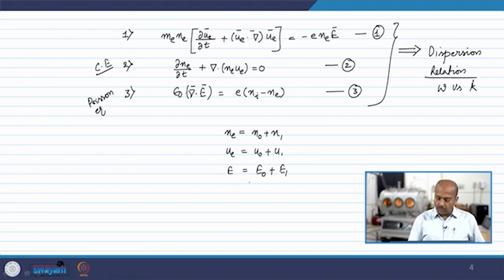Right. So, these parameters N0, U0 and E0 are generally referred to as equilibrium quantities.